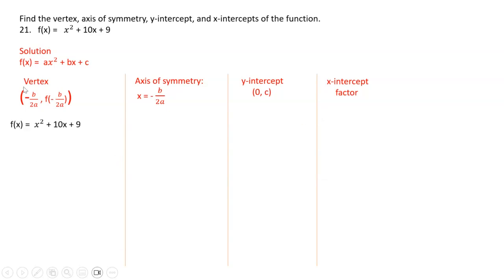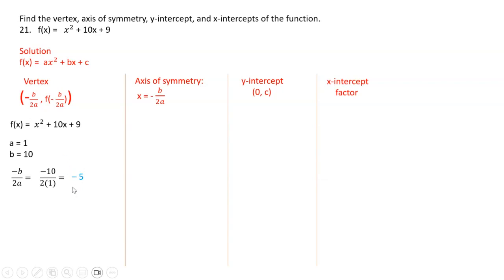Okay? Now, let's find the vertex. We know that my a is equal to 1 and my b is 10. So let's plug them into the formula. It's going to give us negative 10 over 2 times 1, which is negative 5. That's my x part of the vertex.